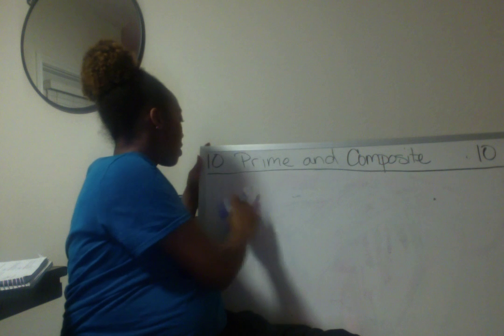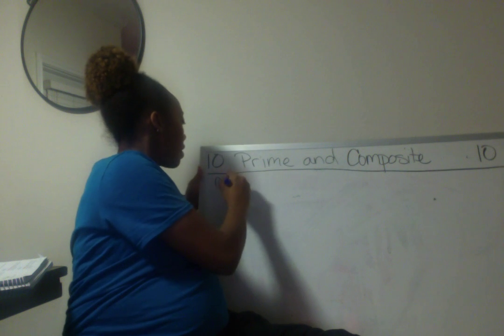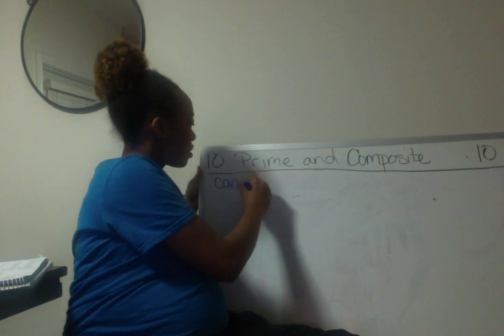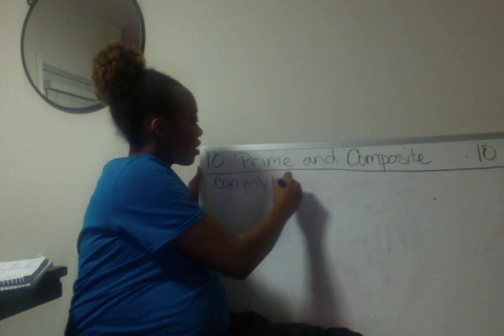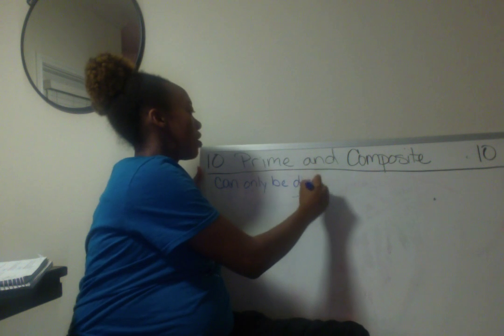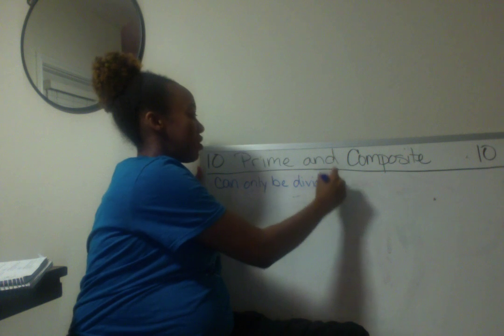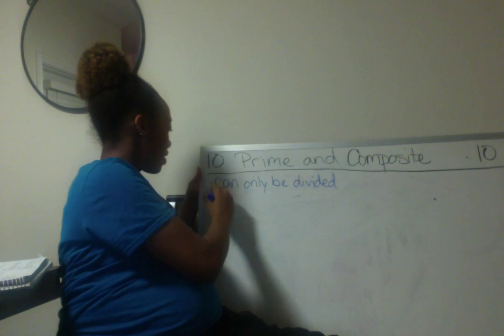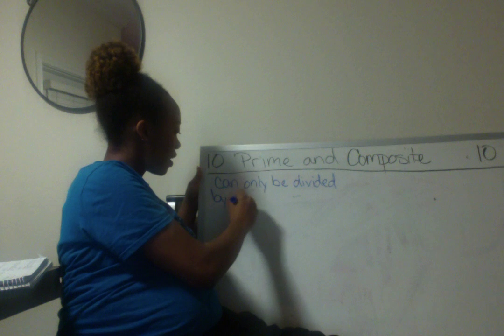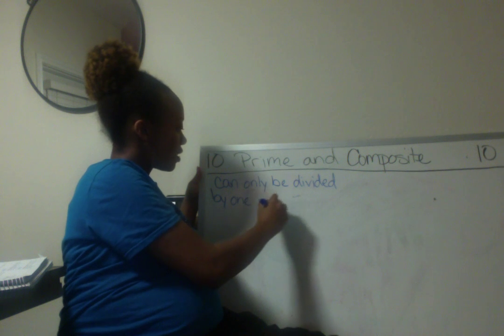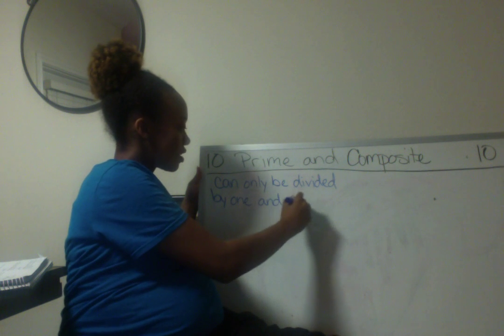So a prime number can only be divided by 1 and itself.